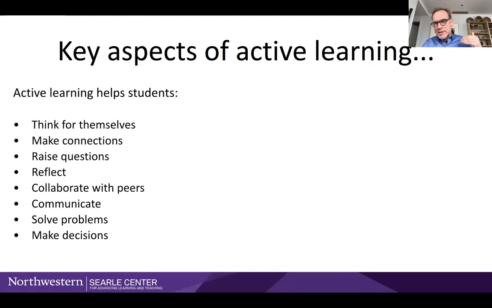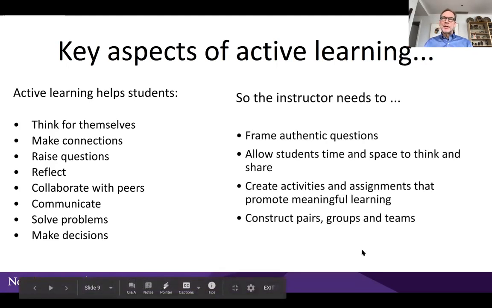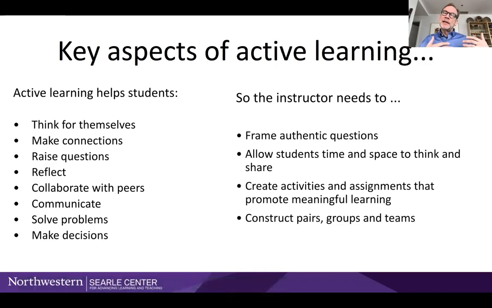Active learning also is a place where peers collaborate in pairs or in larger groups. It enhances communication between students. It allows them to solve problems and make decisions for their own. Your job as an instructor is to engage and allow those activities to happen.